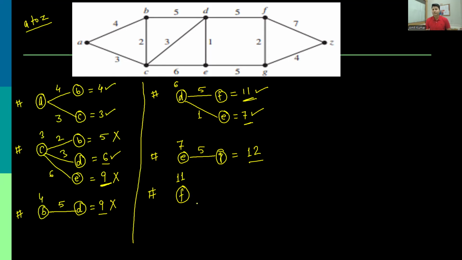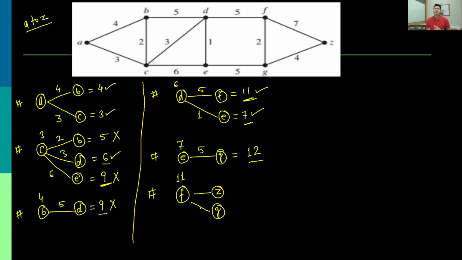From F, we do have one path, which is F to G. We can move F to G. Yes, F to G is also not selected till now.